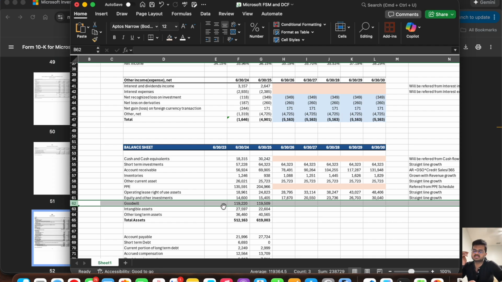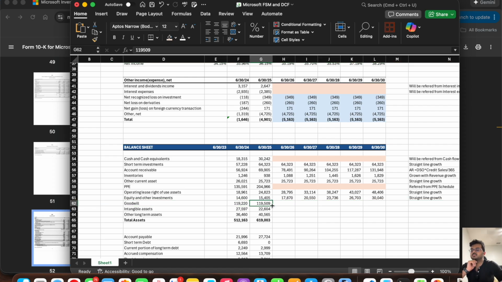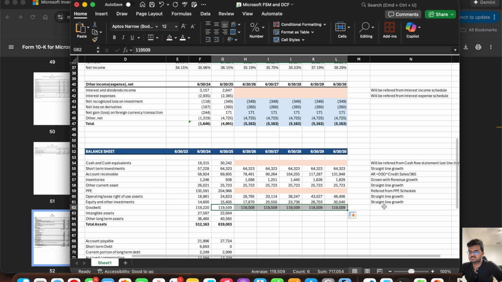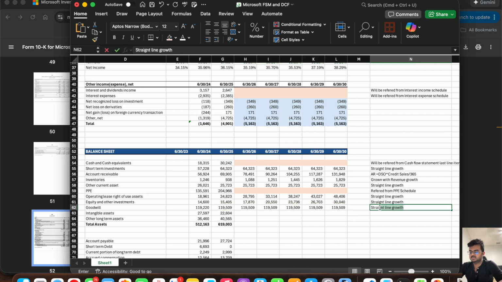I don't remember the exact numbers, but say if the market valuation of the acquired company is $10 billion, and the company has paid $11 billion, the excess $1 billion will come into goodwill here. This is something which we can't predict or forecast unless we know what the company is going to buy. So on a very simple, safer side, I will assume this number will be the same for the next 5 years, neither increasing nor decreasing. So this will also be a straight line growth.